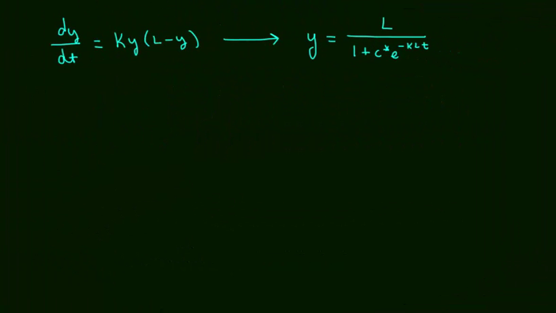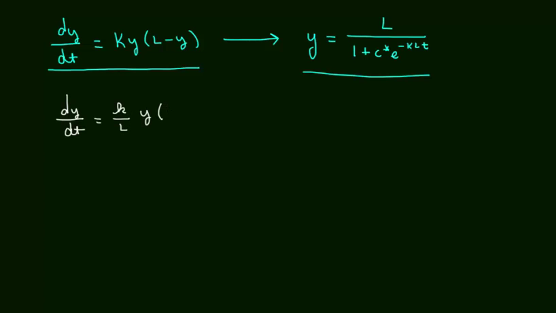We're about to prove this, that when we have this differential equation, it leads to this solution. One last comment before I do the proof, though. Some textbooks, including yours, say dy/dt is little k over L times y times (L minus y).